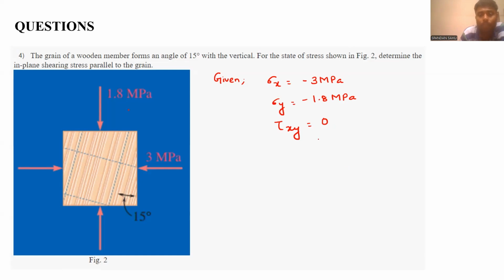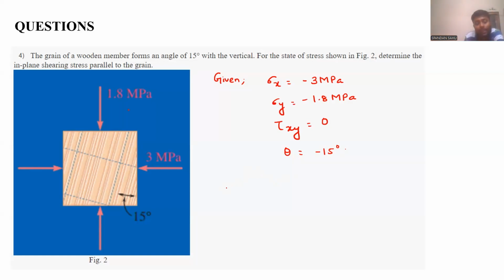So tau xy is 0 MPa and they are writing theta is given as 15 degree. This will be minus 15 degree. So now what they are asking: determine the in-plane shearing stress parallel to the grain.